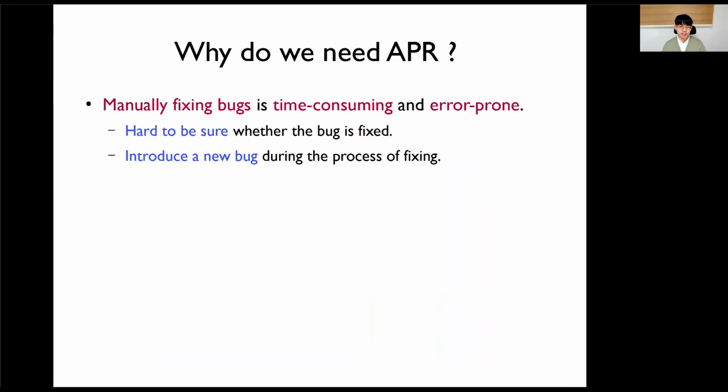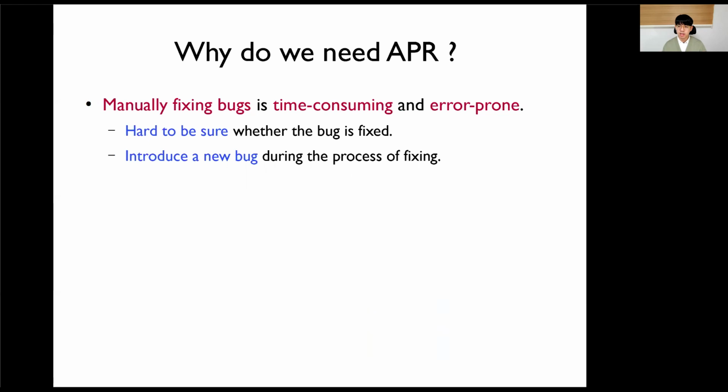Third, manually fixing software bugs such as double free errors and null pointer references is time consuming and error prone even for experienced developers. More specifically, even if the software developers have fixed the bugs, the developer cannot be sure whether the error has been fixed correctly or not.